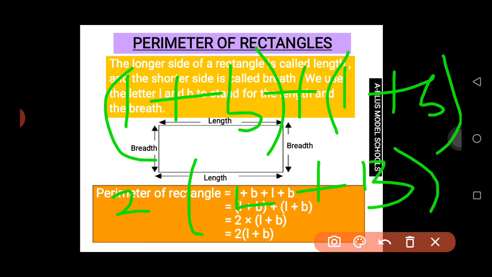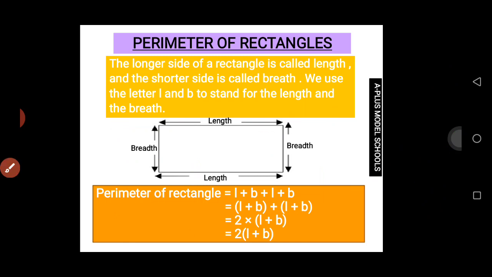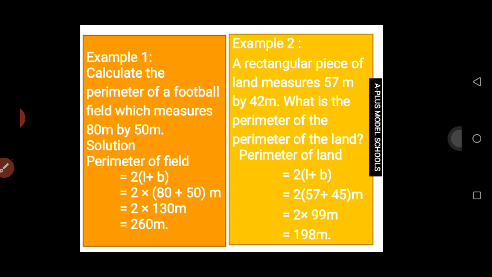So simple as that. So the formula for finding the perimeter of a rectangle is 2 open bracket length plus breadth. Now let's look at the examples we have under the perimeter of a rectangle.